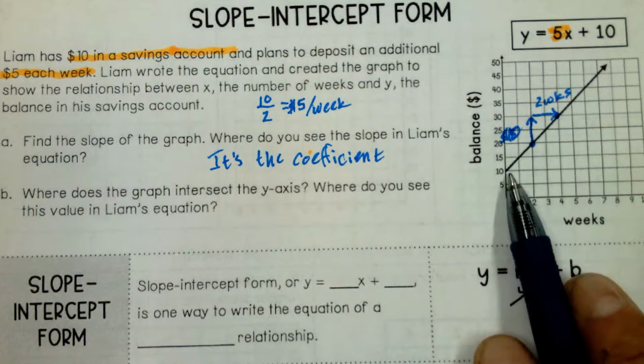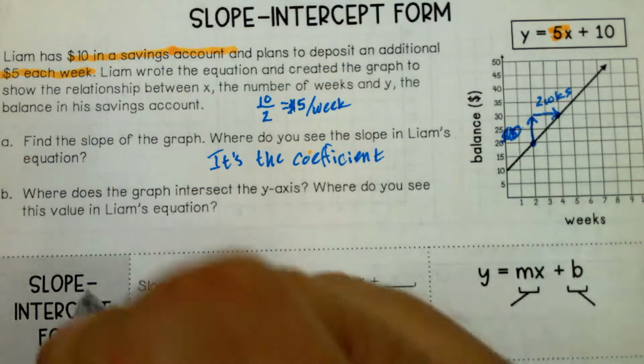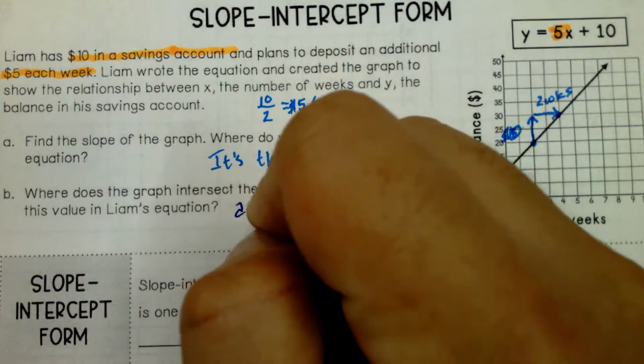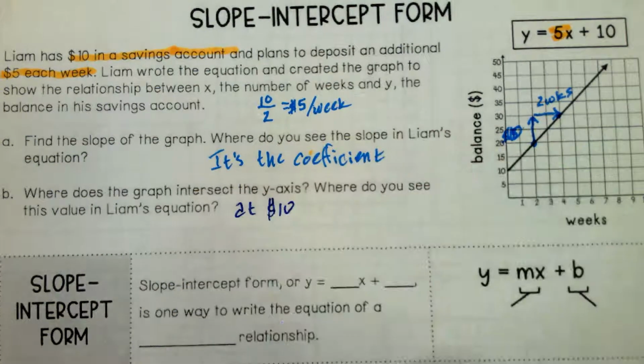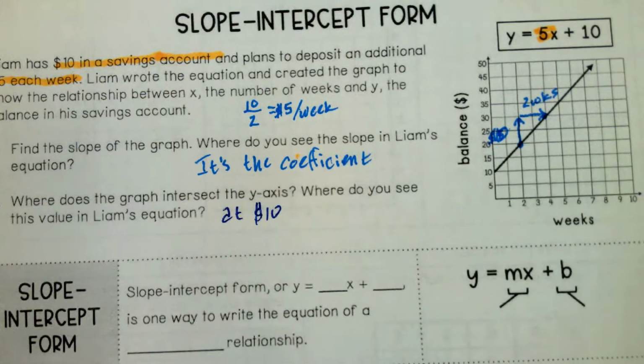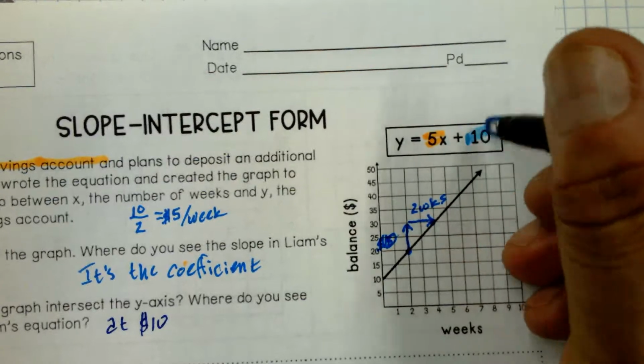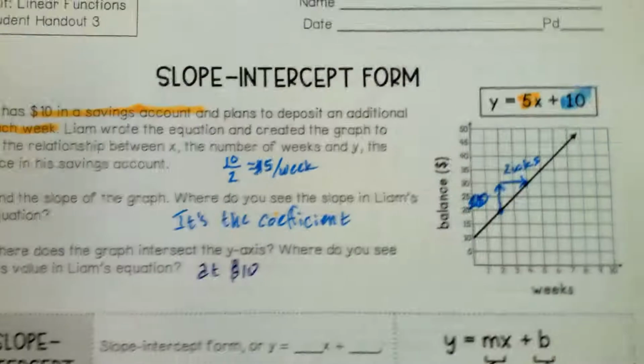It crosses at 10. $10 to be exact. Okay, where do we see that value in the equation? You see it in the equation up here? It's right there.